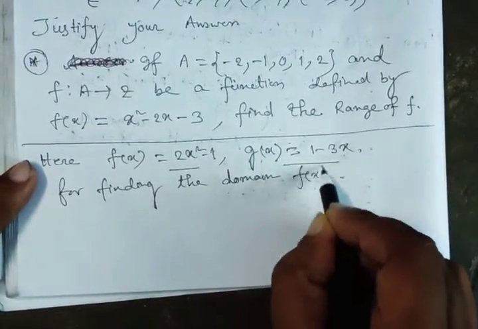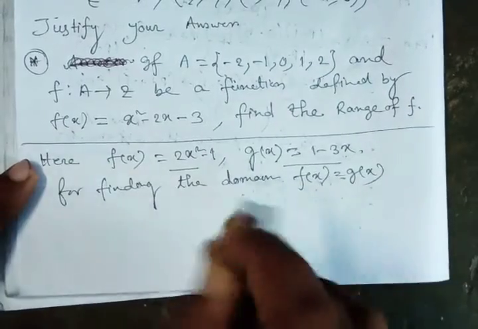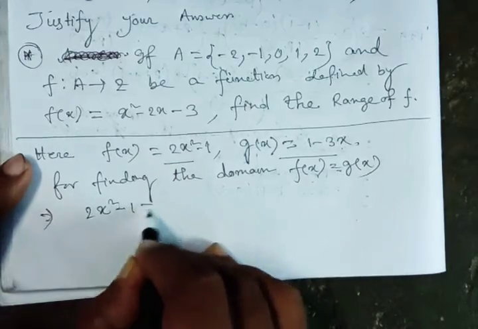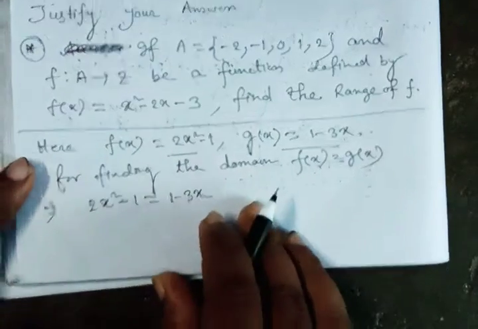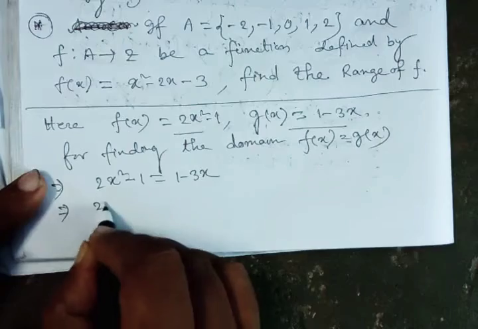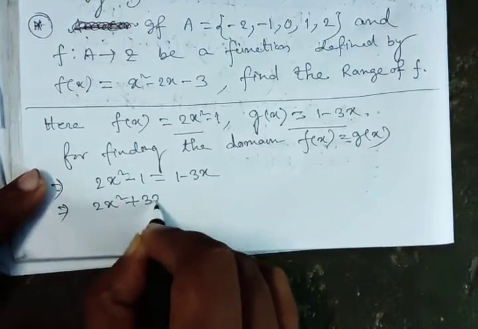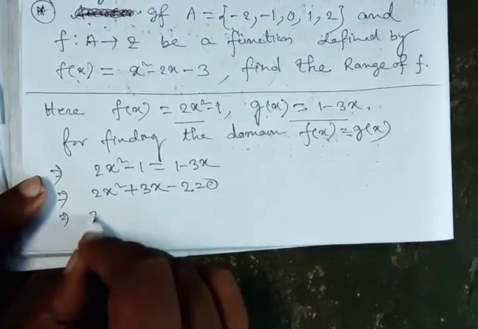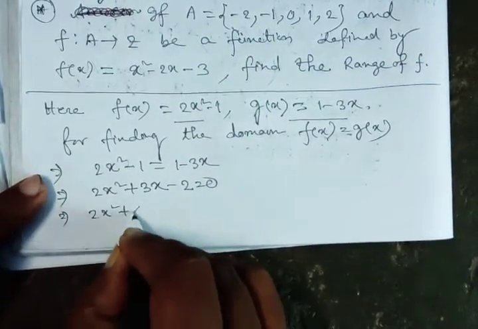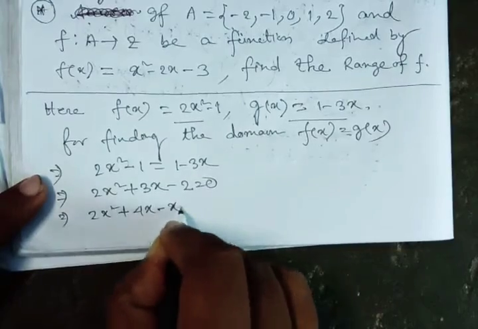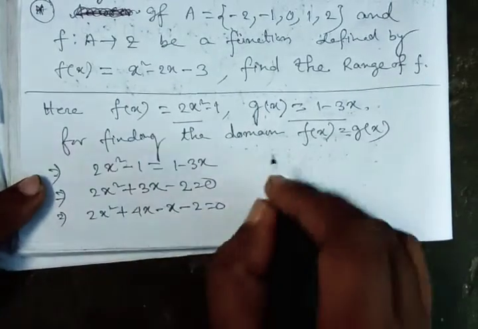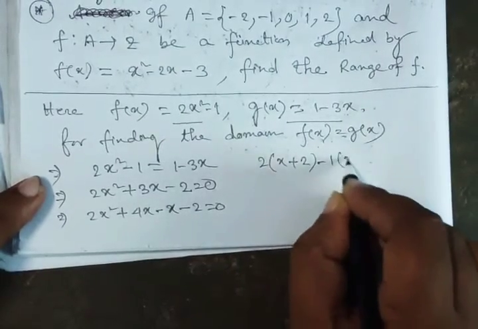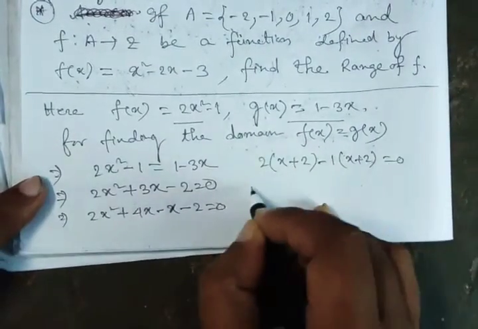we have to do f(x) equal to g(x), that means 2x² − 1 should be equal to 1 − 3x, that means 2x² + 3x − 2 equals 0, 2x² + 4x − x − 2 equal to 0, 2x(x + 2) − 1(x + 2) equal to 0.